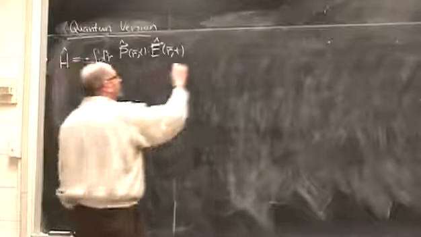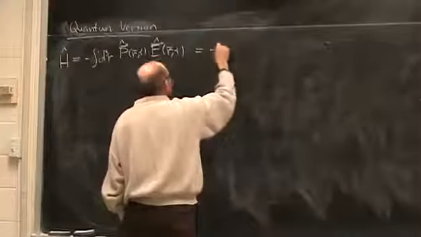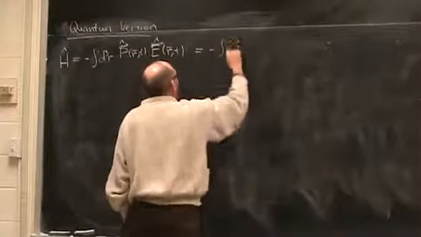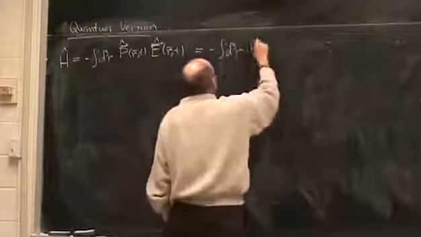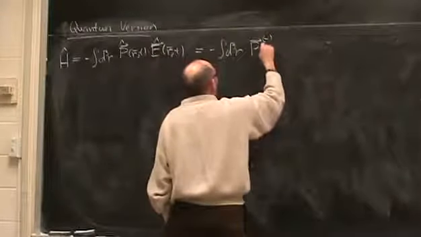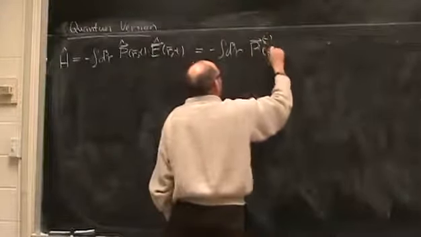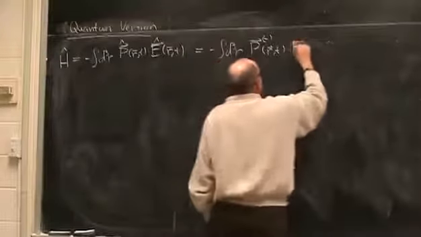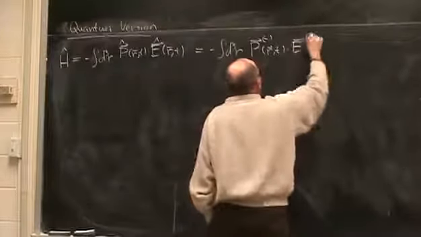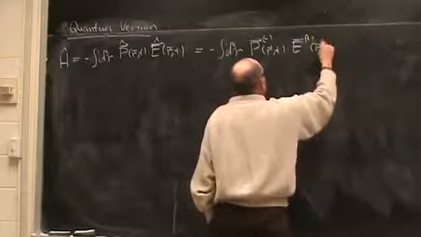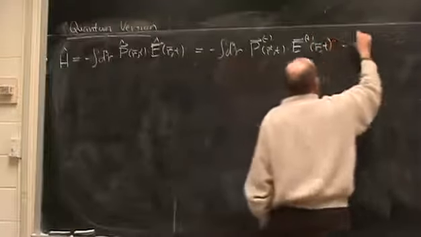And the resonant pieces of this, the pieces that will have the strong response, it's a kind of rotating wave approximation, involve the matching so that we don't have fast oscillating terms.